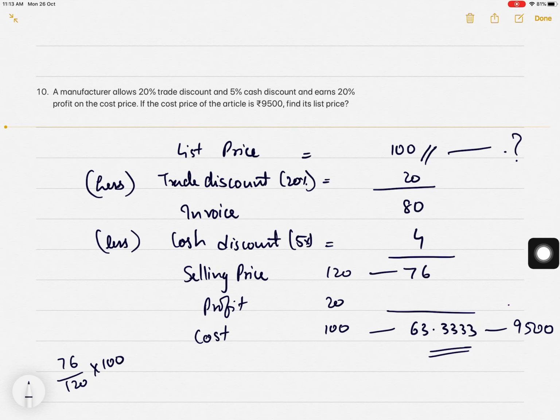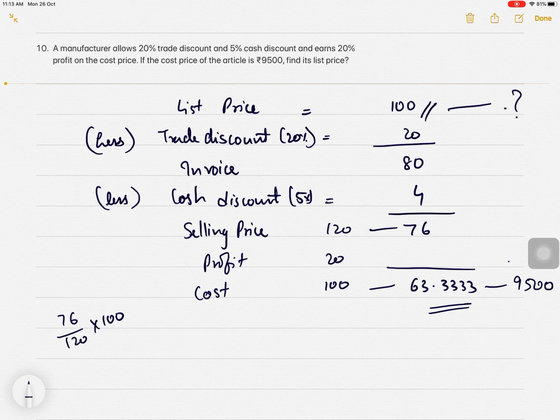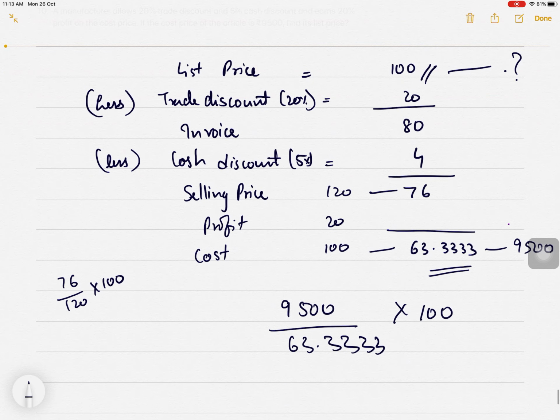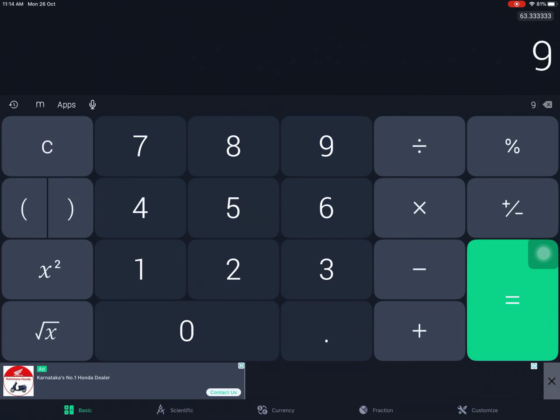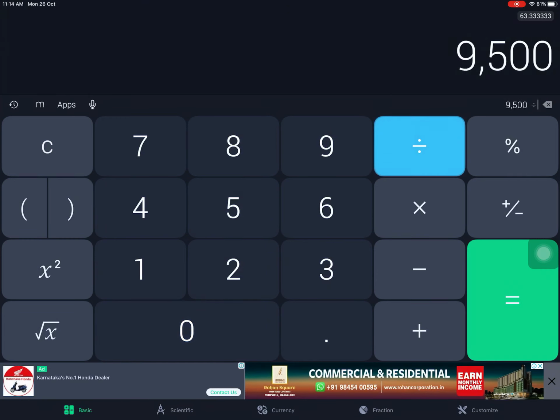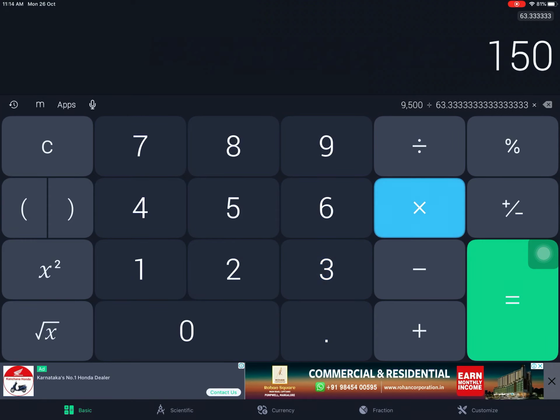Okay, so what you will do, cross multiplication. 9,500 divided by 63.3333 multiplied by 100.